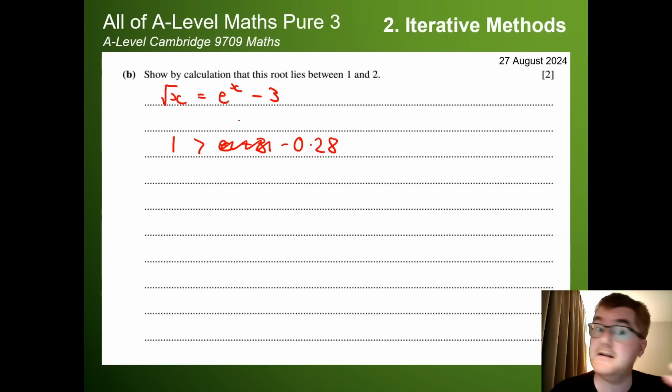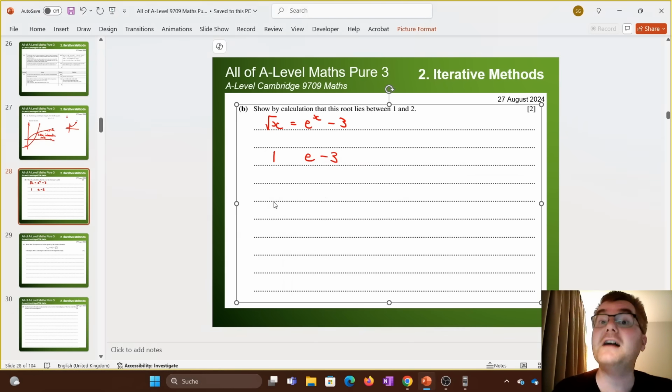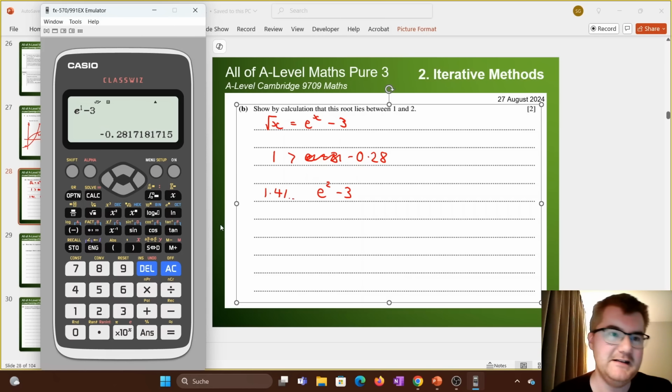So 1 is obviously bigger than that, and now we put in the 2, so the root of 2 is roughly 1.41ish. And if we work out then e squared minus 3, so back to our calculator, I do not know that mentally.